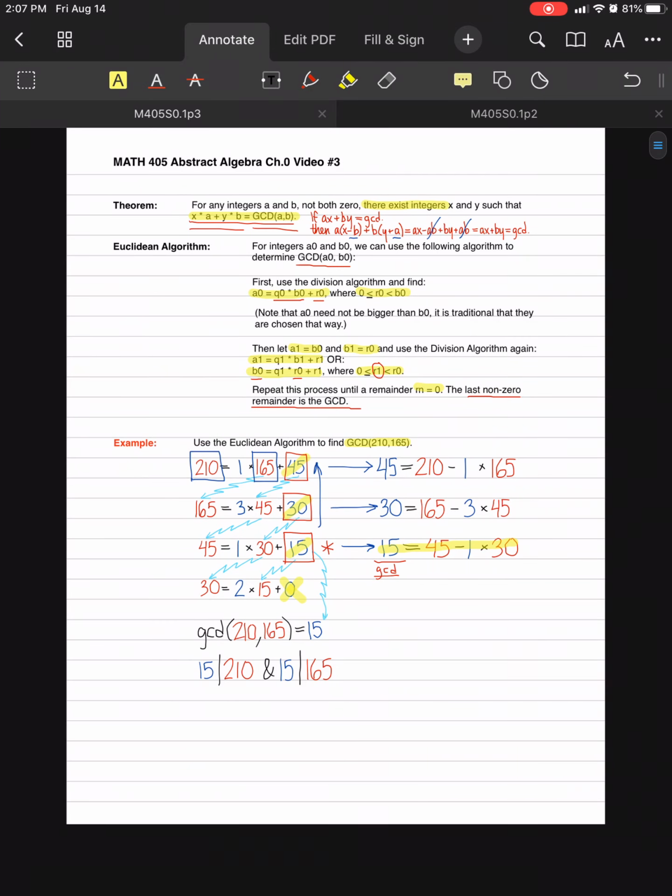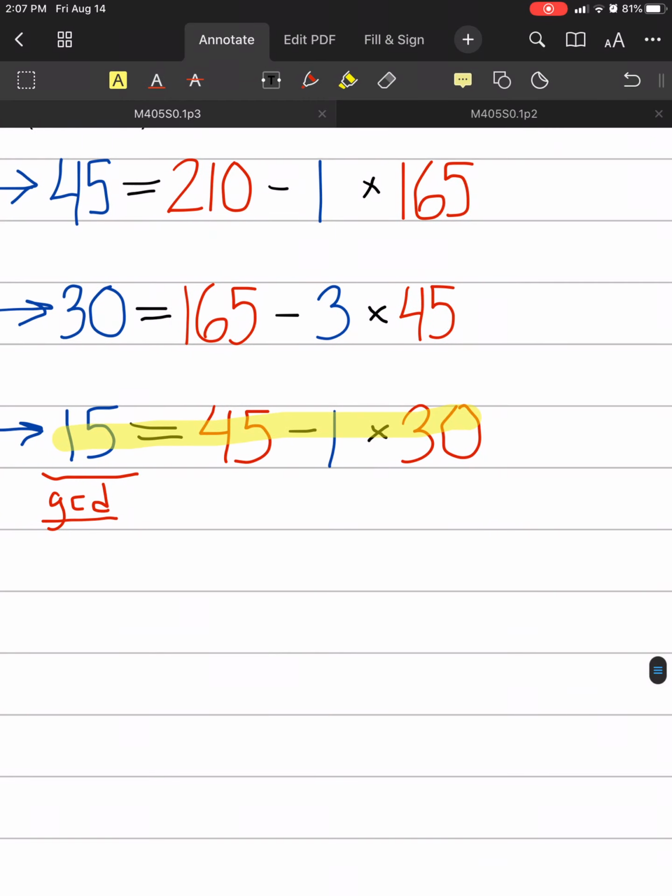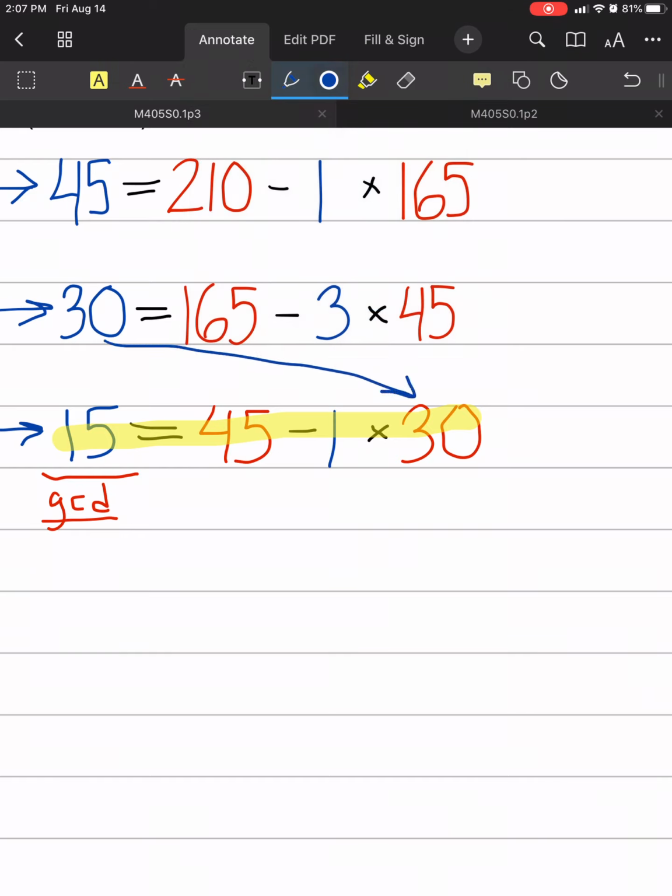So we've got the GCD written as something. What we've got to do is get it in terms of these original two numbers, 210 and 165. And how we do that, we plug in these earlier numbers here in place of the later ones.